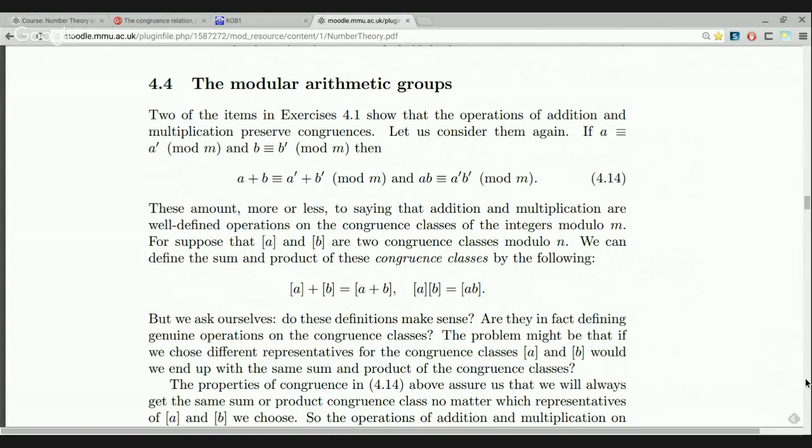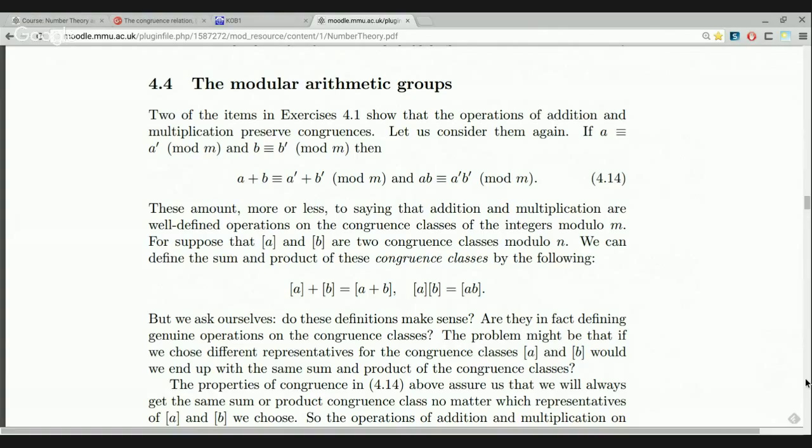If we just use the smallest non-negative remainder, which lives in each of these congruence classes, that's a nice, sensible set of representatives that we could use to represent the integers modulo 10.